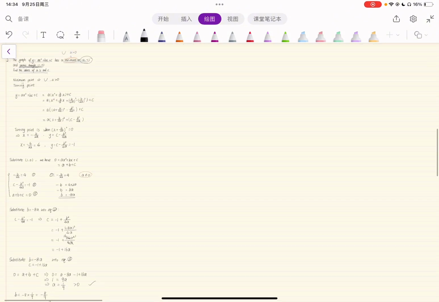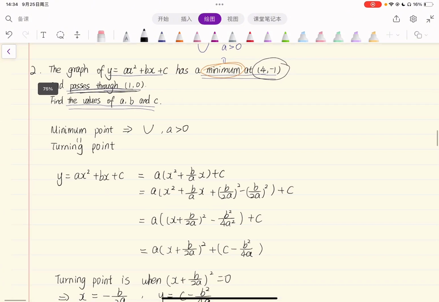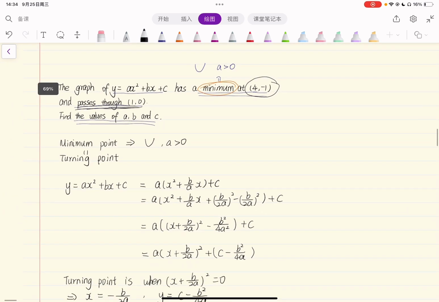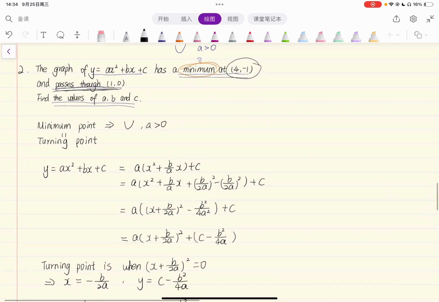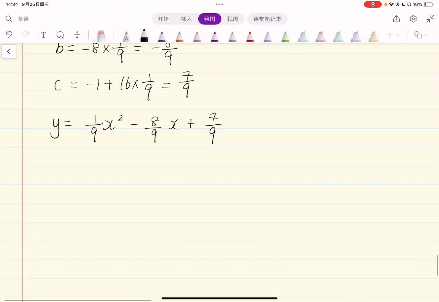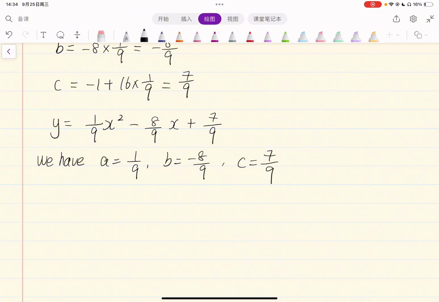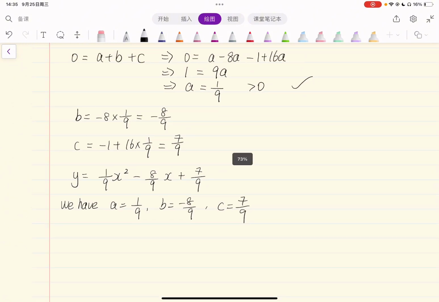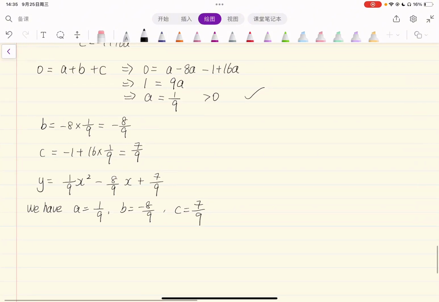So the question asks you to find the values of a, b, and c. So finally, we need to write a conclusion, that is, a equals 1 over 9, b equals minus 8 over 9, and c equals 7 over 9. Yeah, that is the whole process for this question.